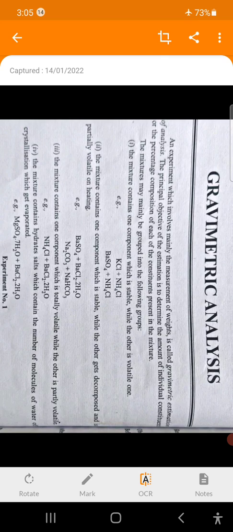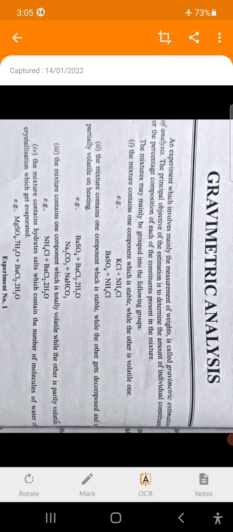While in gravimetric analysis, we measure amount in grams. The analysis is based on measurement of amount of substance in gram. Therefore, it is known as gravimetric analysis.